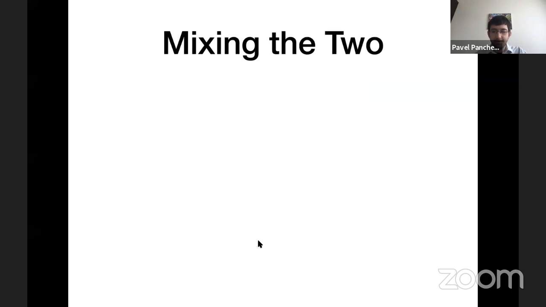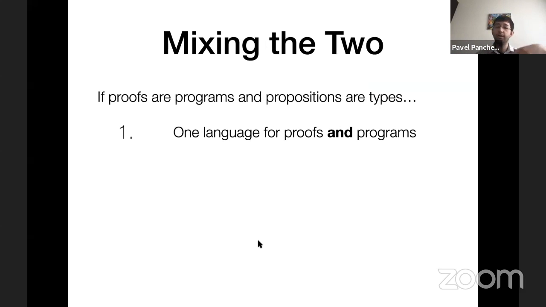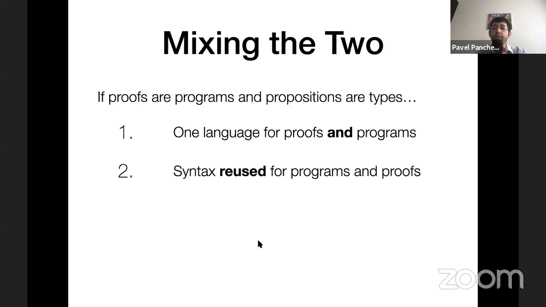That gives us this interesting idea that we might be able to mix the two. If proofs are programs and propositions are types, then it might be possible to have a single language which operates both on values, where you can write down programs, and also on proofs, where you can write down proofs about those values. It might be possible to reuse the same syntax for programs and for proofs.